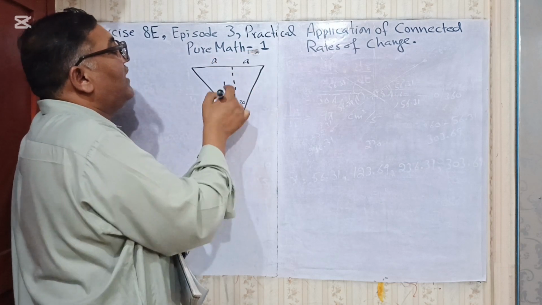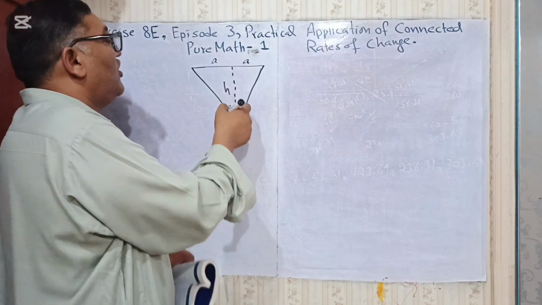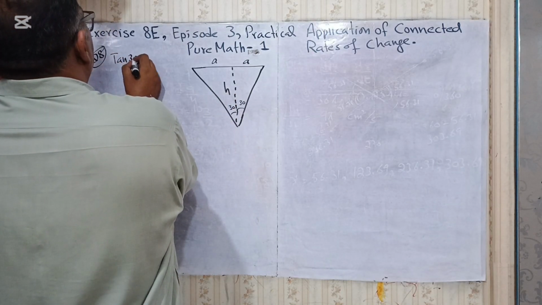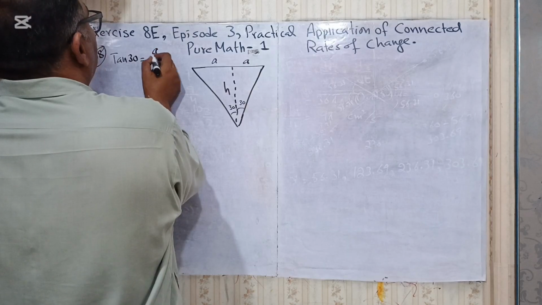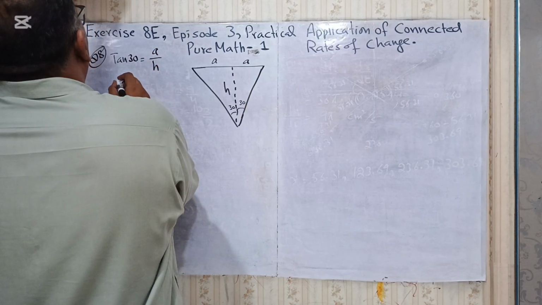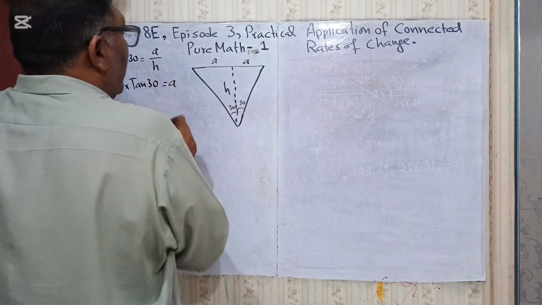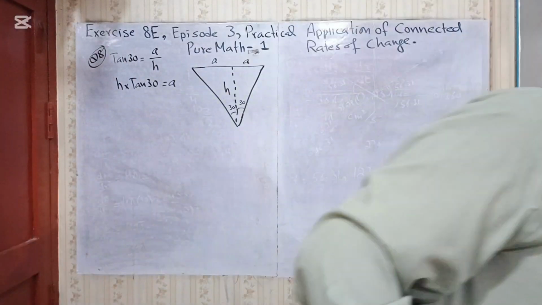So this is h. This total angle is 60 because this is an equilateral triangle vertex. So this is 30, this is also 30. Let me call this side a. This side is also a.